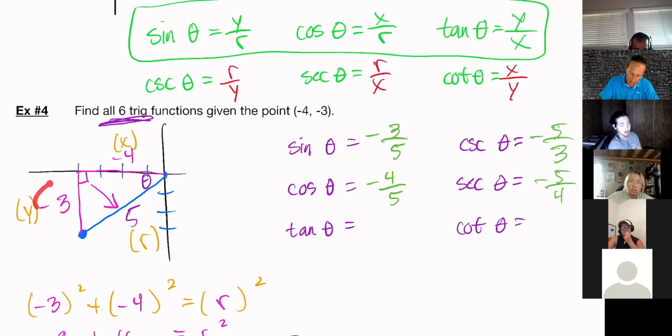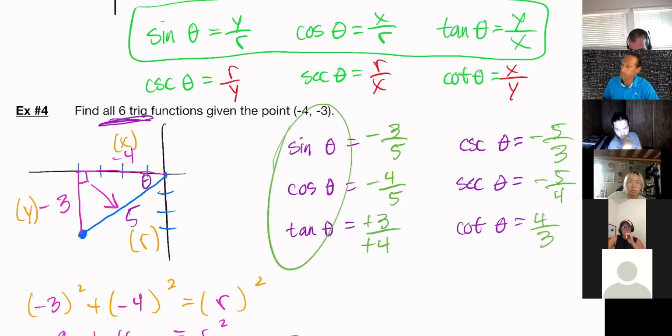Now careful. -3 over -4, which, as you mentioned, is going to end up canceling out to be positive. So then this would be positive, just flipped. Done. As long as you can get these 3, follow by flipping them or doing the reciprocal.